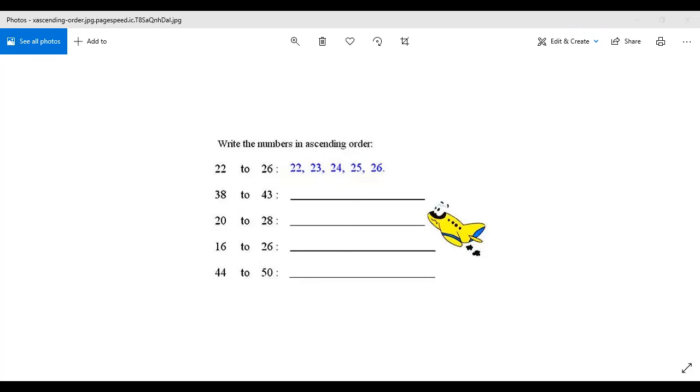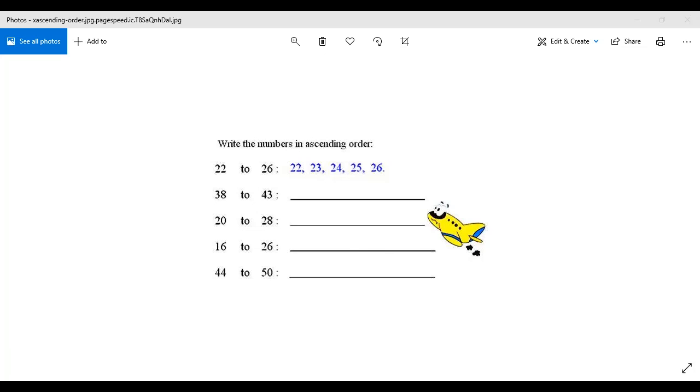Excellent. Okay, Aliza, you tell me about the fourth one, that is 16 to 26. What would be the answer of that? 16, 17, 18, 19, 20, then 21, 22, 23, 24, 25, and finally 26. Excellent.